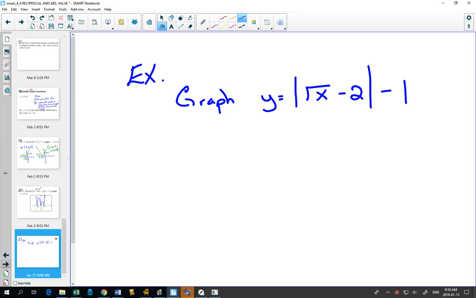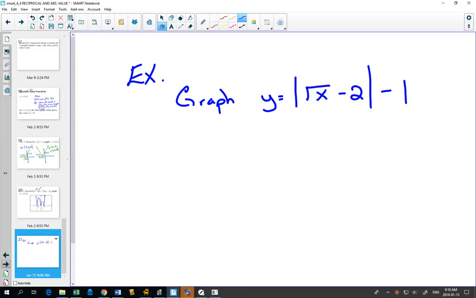Does it make sense that this graph gets translated down 1? So we're going to graph the absolute value of the square root of x minus 2 first, get that graph, and then take that whole graph and move it down 1.